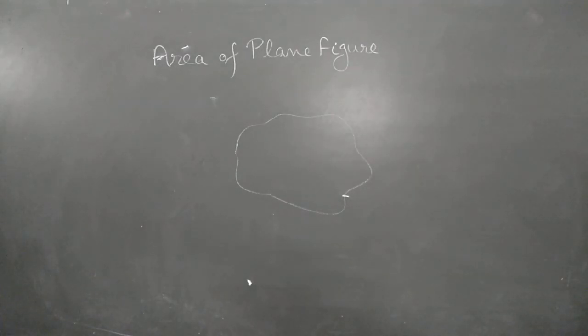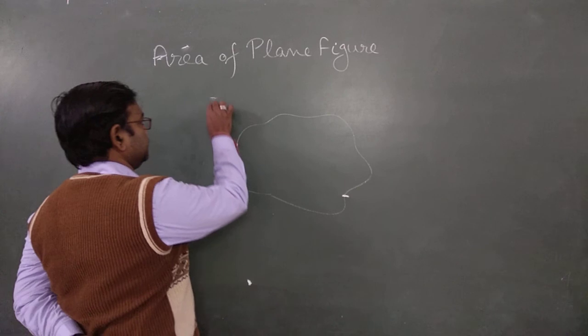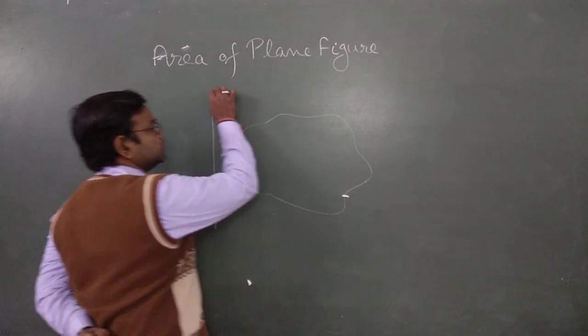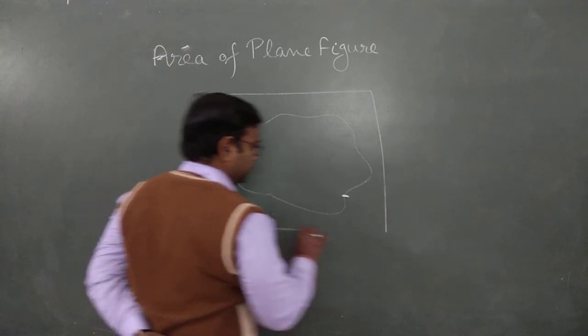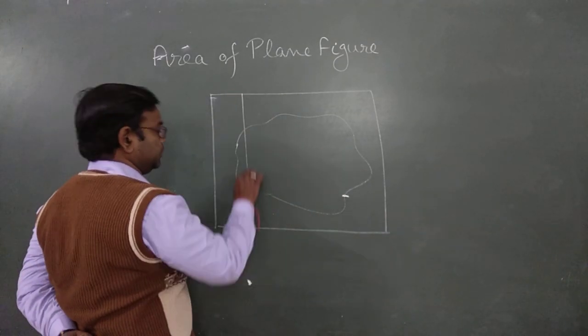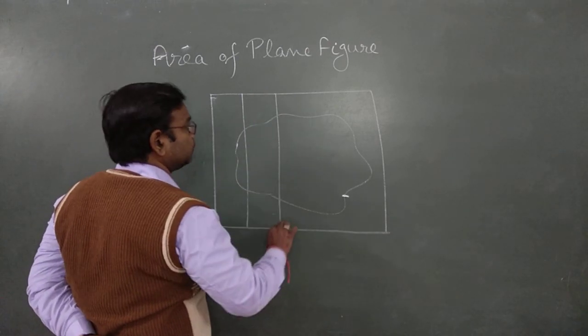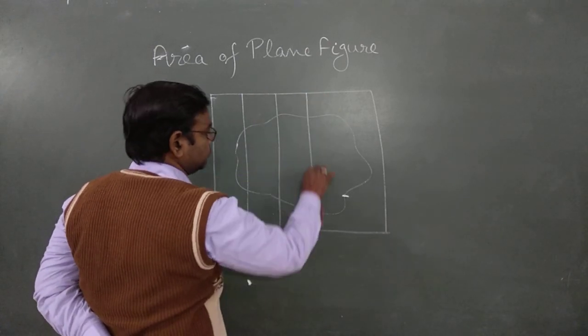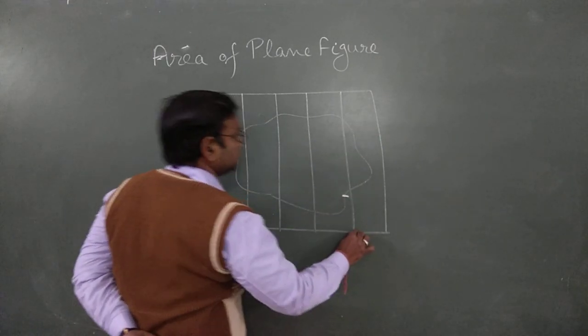For an irregular figure, first we place the figure over graph paper, which is a paper divided into equal square boxes. It looks like this one. Clear?